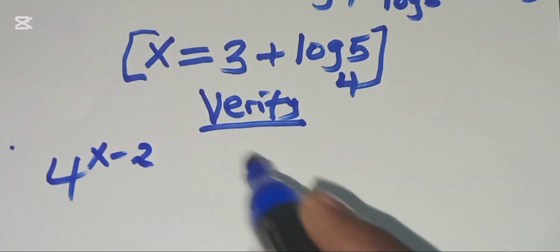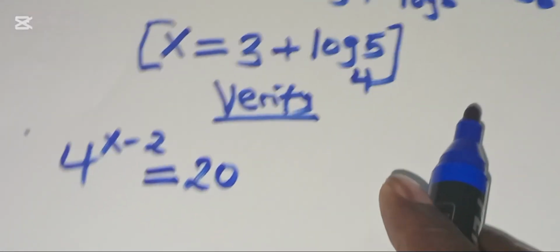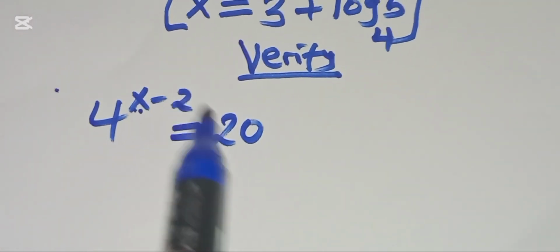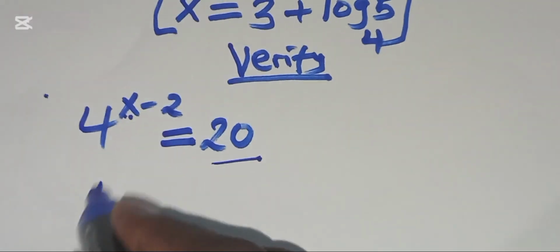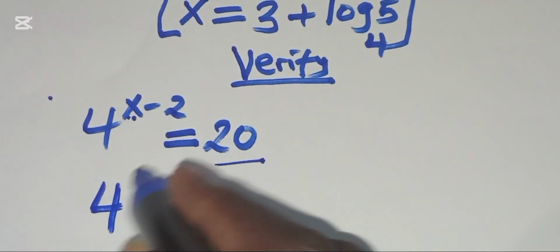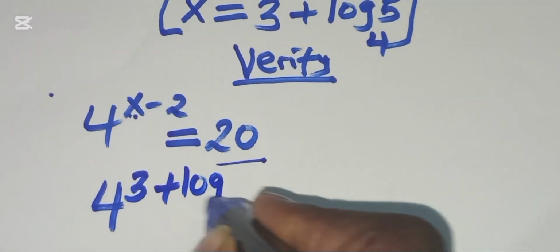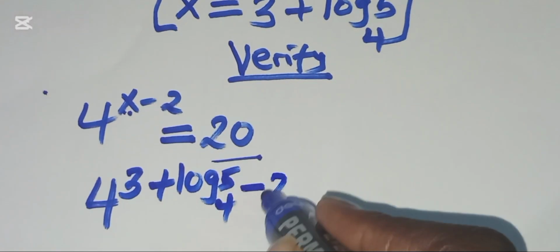Now as you can recall, we have 4 raised to power x minus 2 is equal to 20. So if we substitute the value of x, we are supposed to get 20. So let's substitute. We have 4 raised to power 3 plus log 5 to base 4, subtract 2.